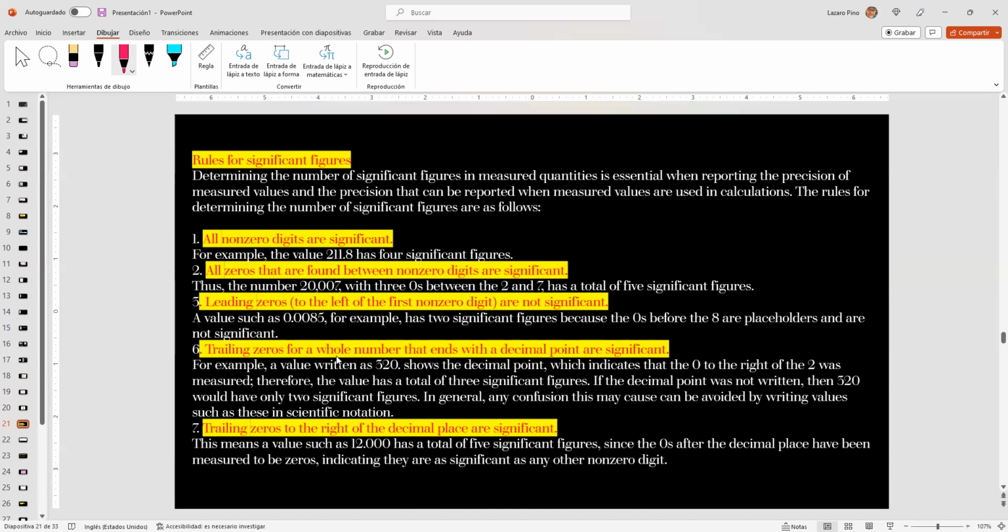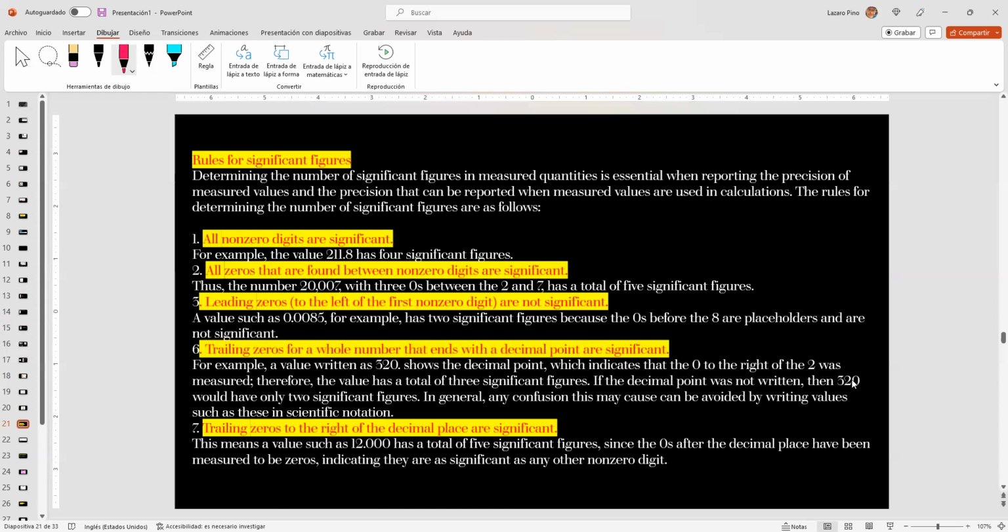Trailing zeros for a whole number that ends in a decimal point, you can say that the zeros are significant. For example, in 320, you have 1, 2, 3 significant figures. But what happens if the number has no decimal point?